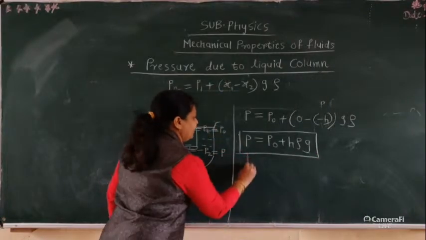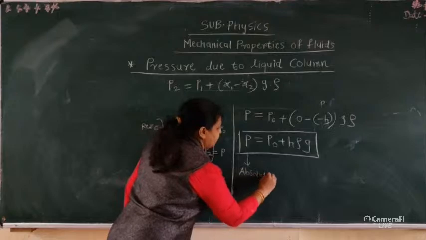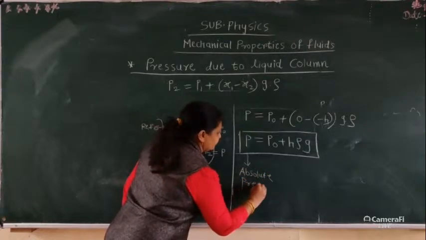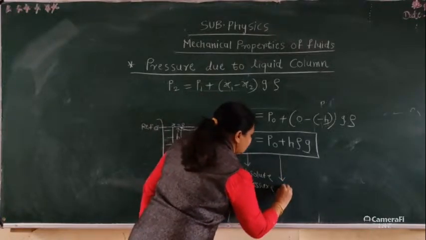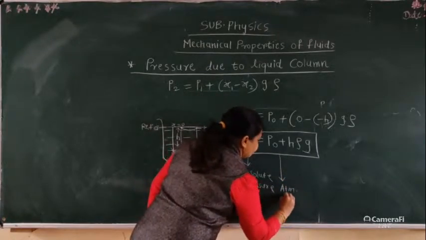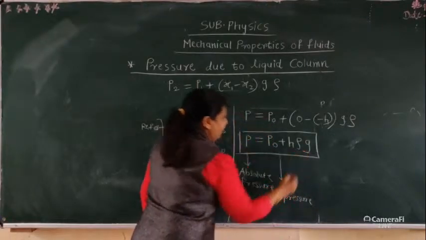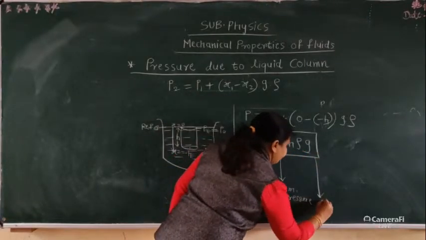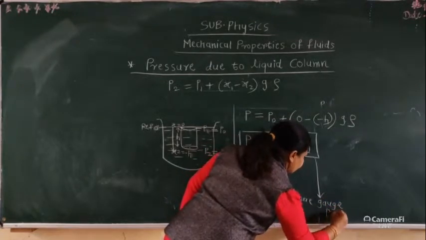Okay, so P means absolute pressure, P naught means atmospheric pressure, and H rho G means gauge pressure.